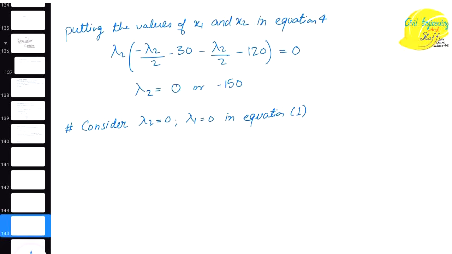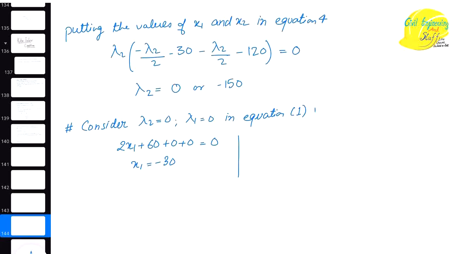So that will be 2x1 plus 60 plus 0 is equal to 0. So x1 is minus 30.